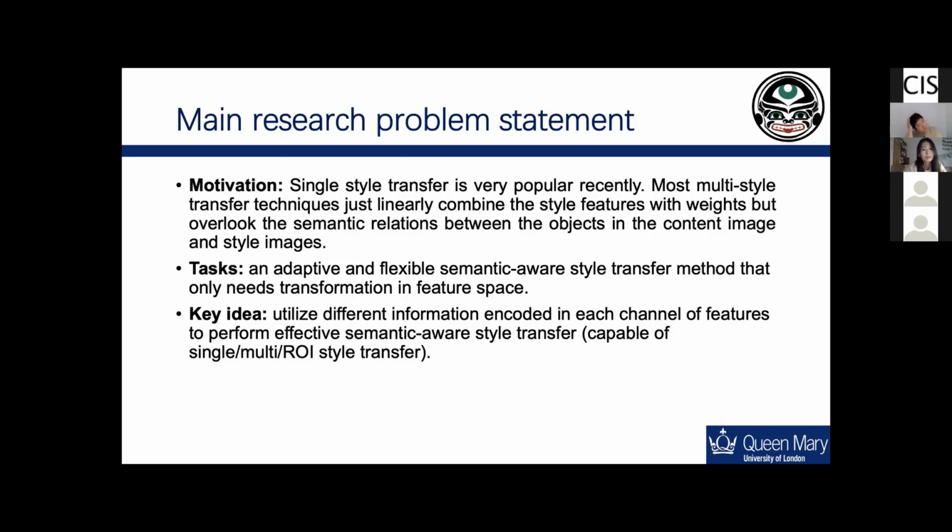Our task is to develop an adaptive and flexible semantic-aware style transfer method, and we only need transformation in the feature space. The key idea is that we utilize different information encoded in each channel of the features to perform effective semantic-aware style transfer. Our model is capable of single style transfer, multi-style transfer, and also ROI style transfer, which means region of interest.